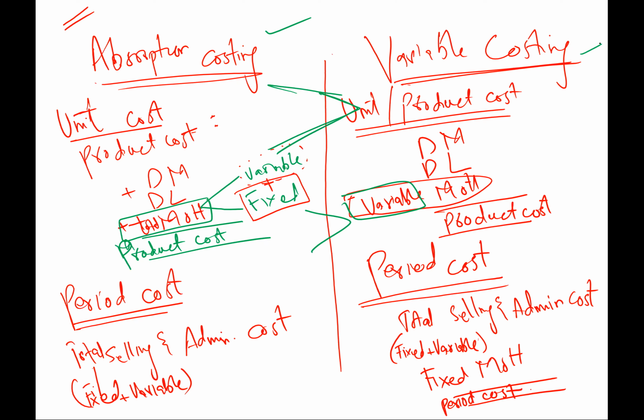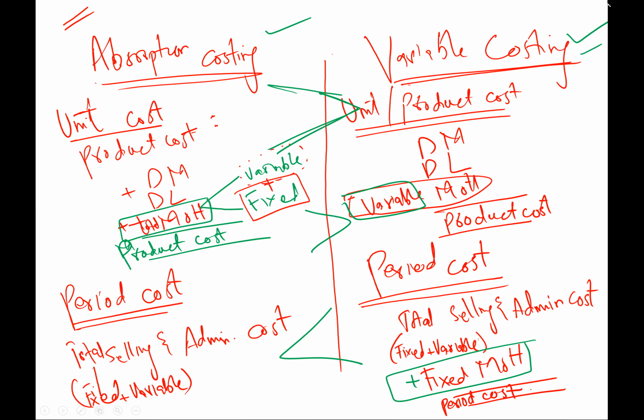And the period cost under absorption is less than the period cost under variable. Why? Because under variable costing, we also add fixed manufacturing overhead, right? Now you understand that? Good. Now we are on the same page.